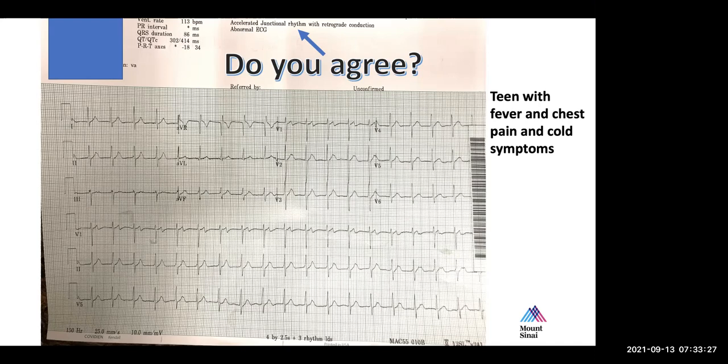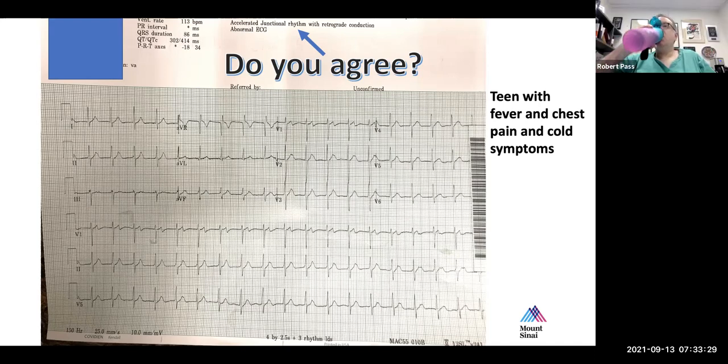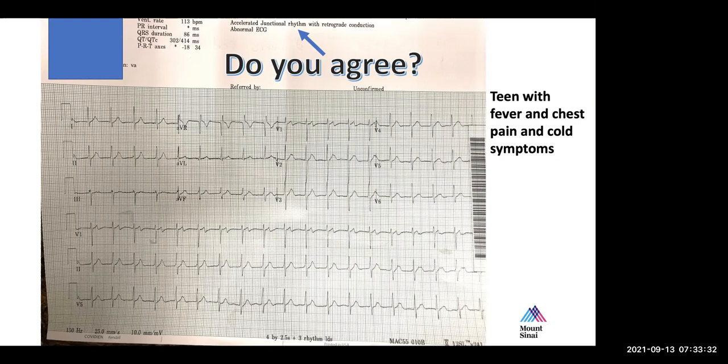Good morning. So heart rate is about 115, and I'm trying to see if there are any P waves before each QRS. It doesn't look like there is an easily recognizable P wave before the QRS.